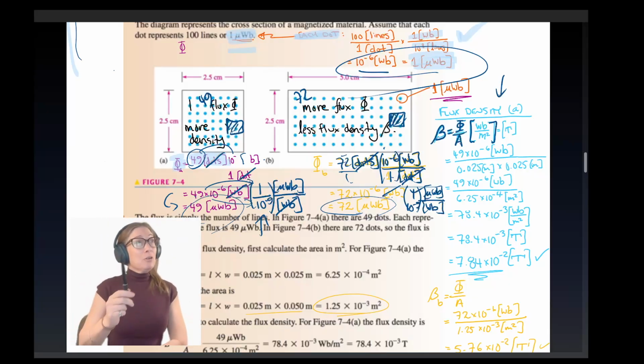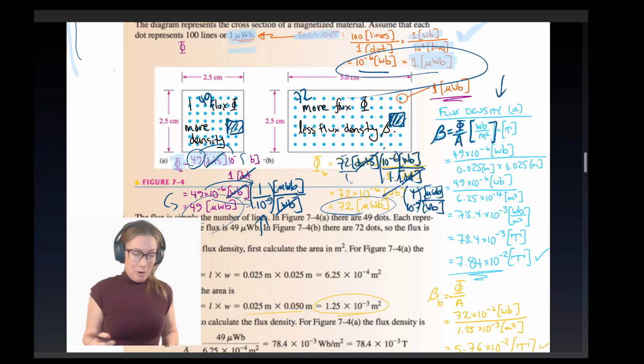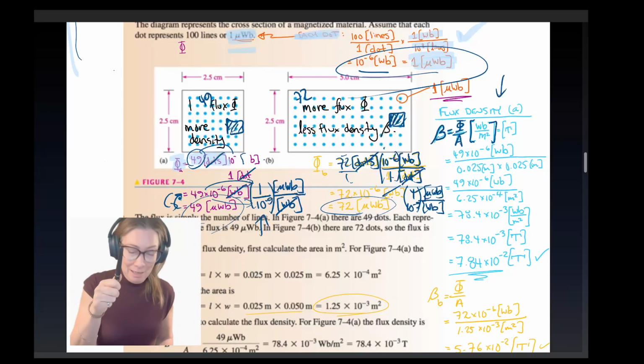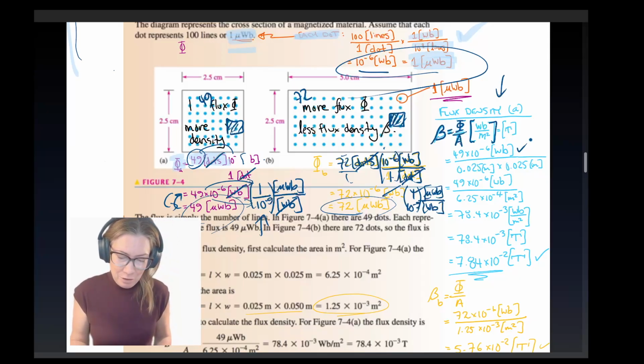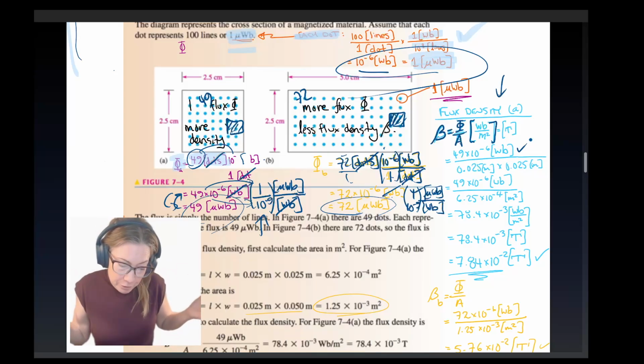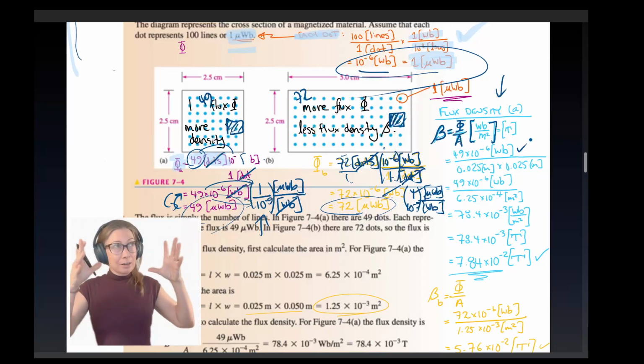Instead of using microwebers, I'm going to use the base SI unit, which is Weber. So I went up a step here and I'm using 49 times 10 to the negative 6 Webers because I like base SI units. Then for meters squared, I'm going to calculate the whole meter squared, because that's where 49 of these dots are sitting, in the entire space.